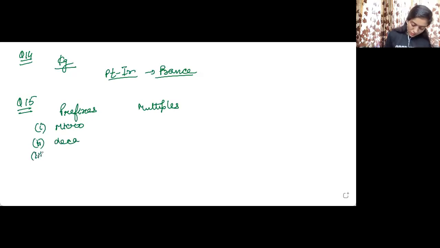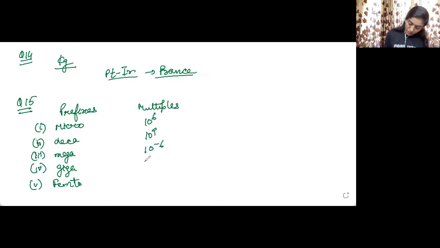Third one is mega. Fourth is giga. And fifth one is femto. So here we have been given 10 raised to the power 6, 10 raised to the power 9, 10 raised to the power minus 6, 10 raised to the power minus 15, and only 10.